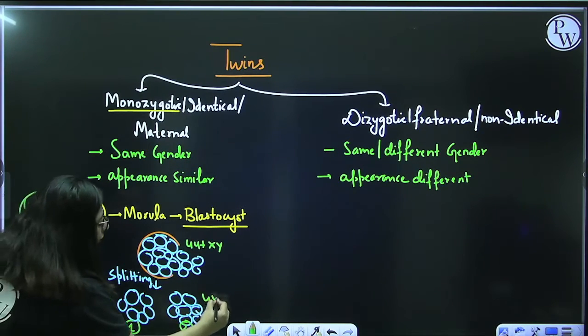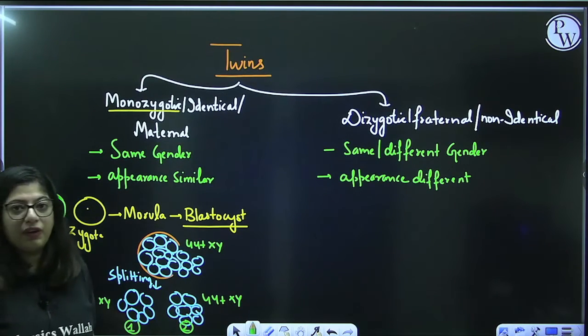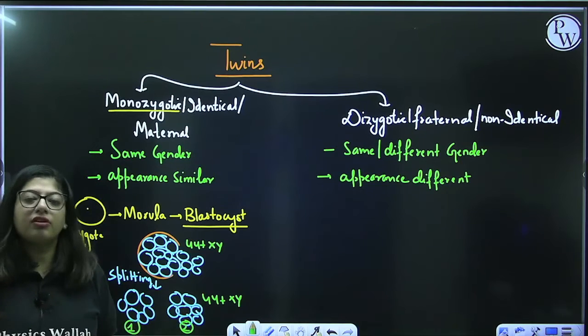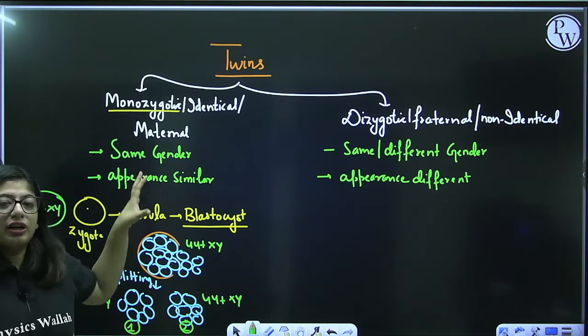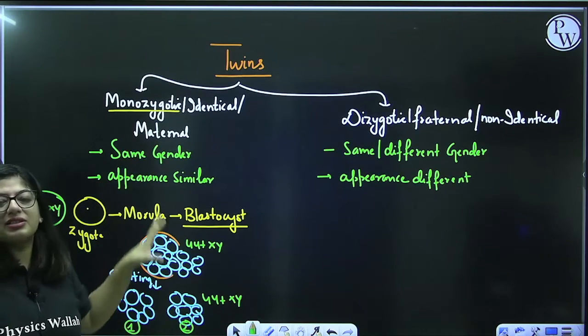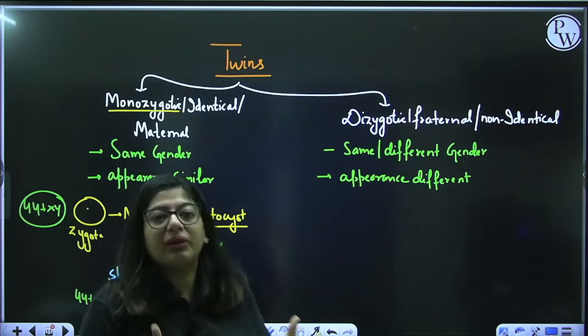On the contrary, imagine the zygote was 44 plus XX, it was going to be a female. So both embryos will also be females. So this is how, due to splitting of the embryo, two embryos are formed. Hence it is known as identical twin, because they both contain the same DNA material, right?